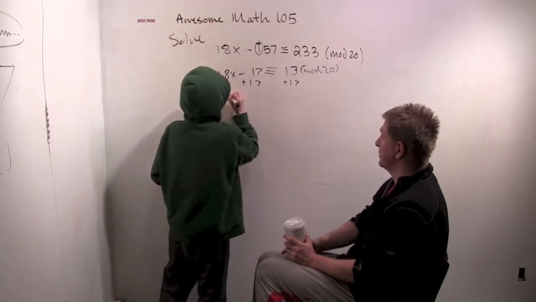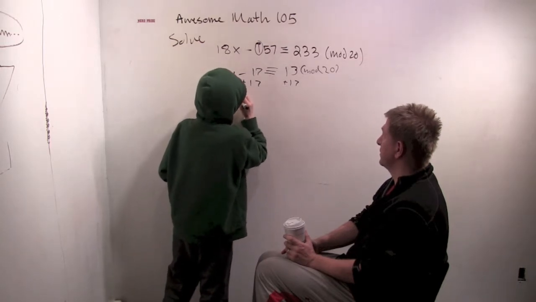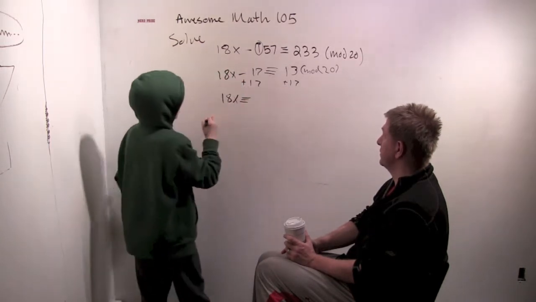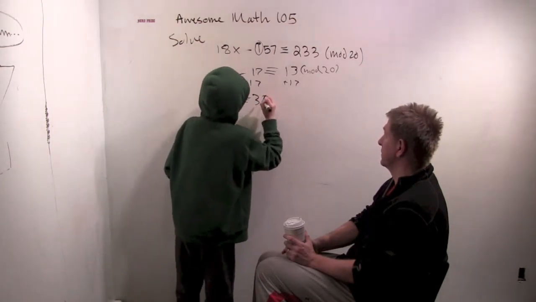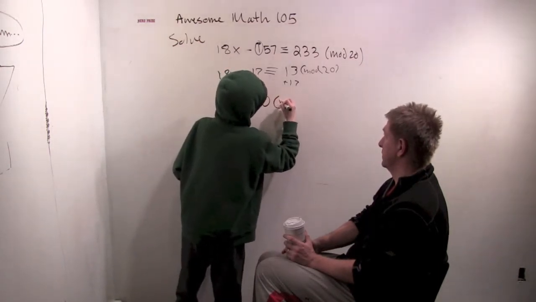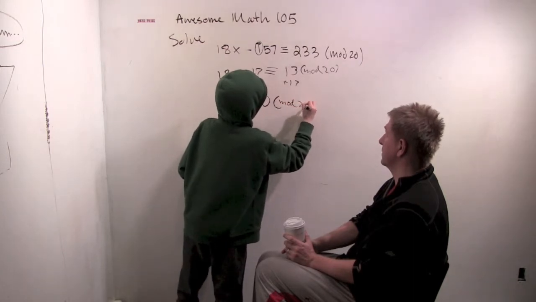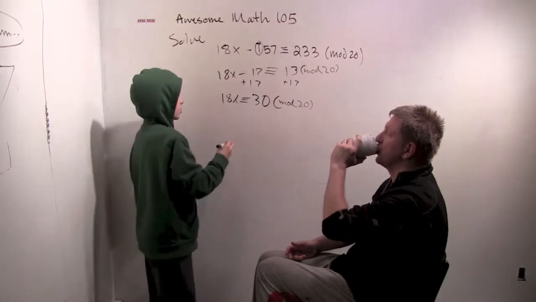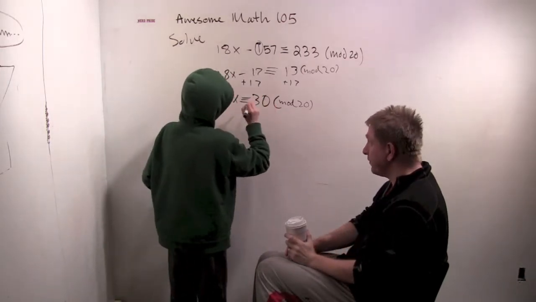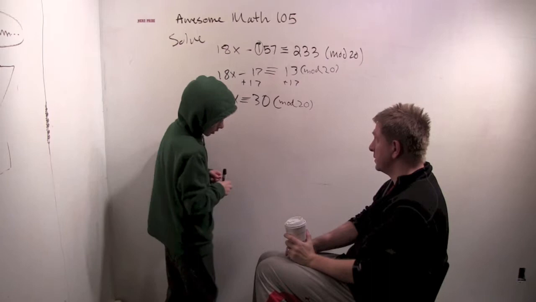So then we get 18x is congruent to 30 mod 20, and then we can convert 30 to 10.